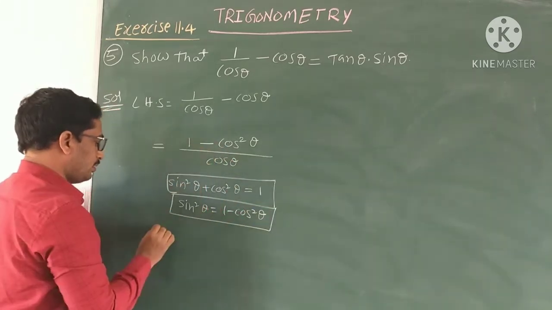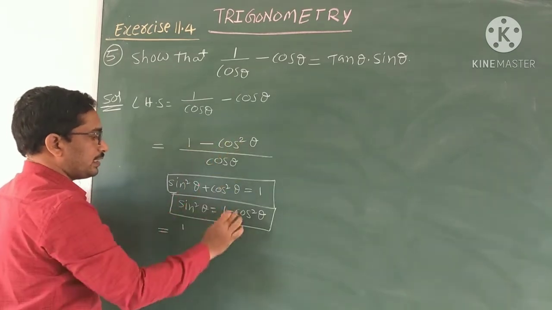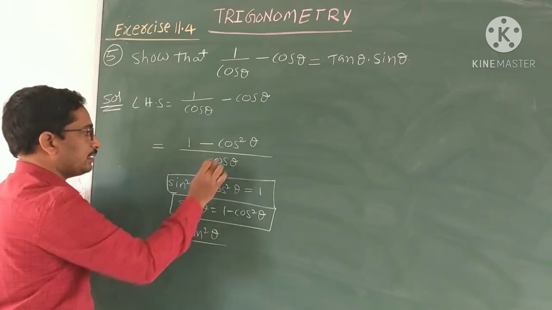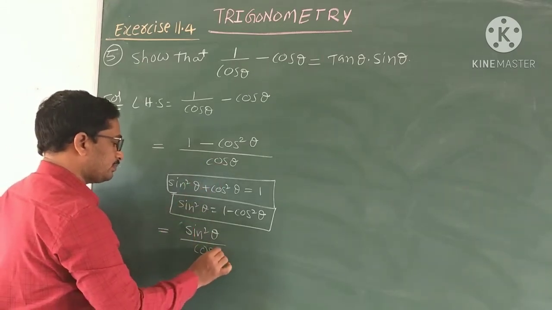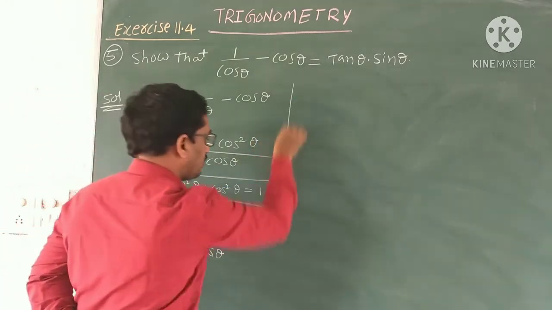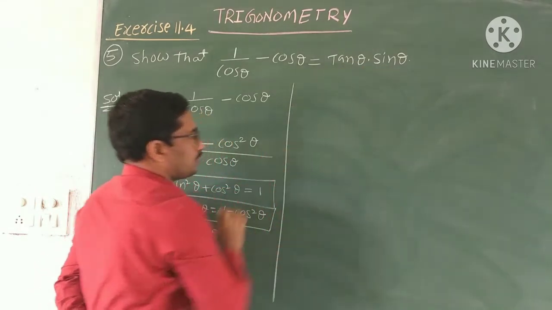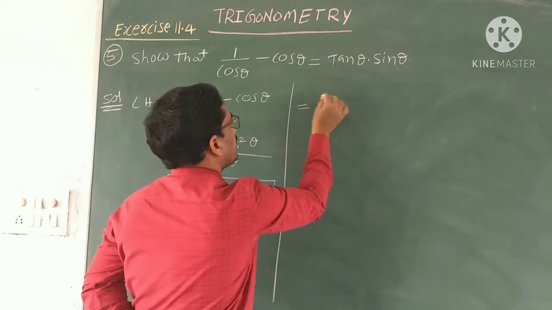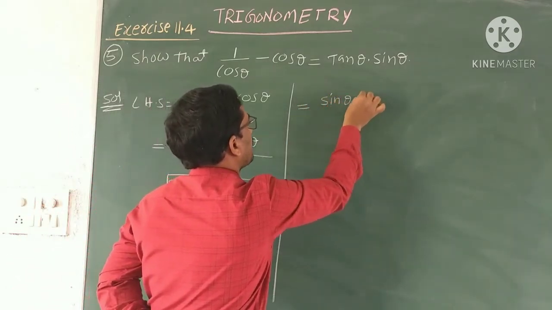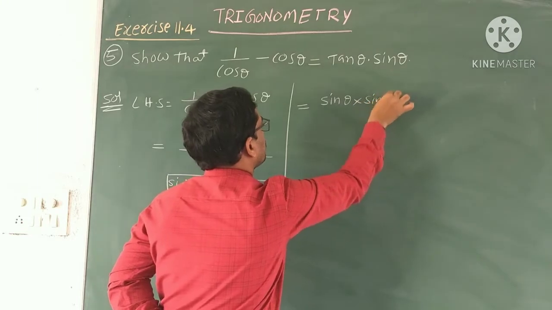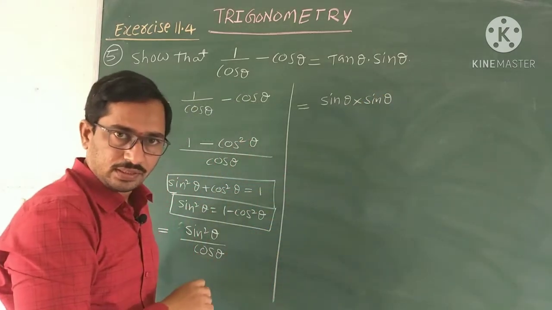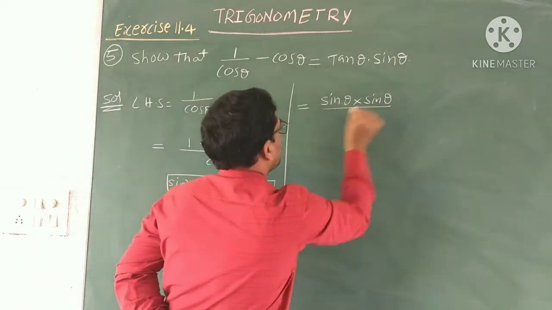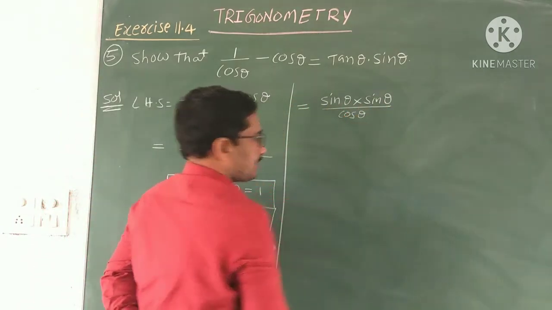Now write here, in place of 1 minus cos square theta, sin square theta by the denominator as it is, cos theta. So sin square theta by cos theta. Our answer here is tan theta into sin theta. Sin square theta is written as sin theta into sin theta, by cos theta, the denominator the same.